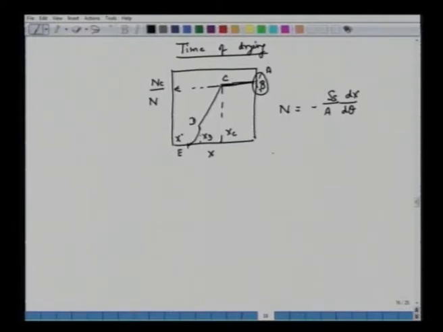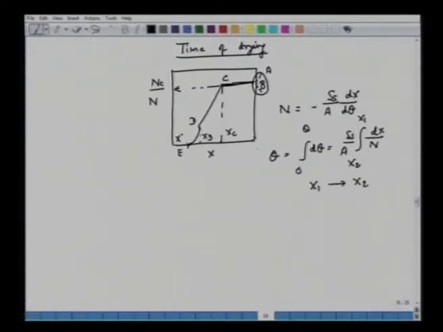So what is the total time? We just integrate theta from 0 to theta, d theta equals SS over A. Since there's a minus sign here, we can say integral from X2 to X1 of dX over N. So we want to dry the solid from X1 to X2.